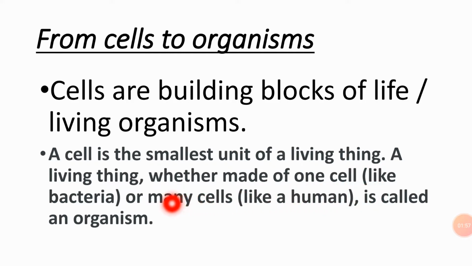So it is concluded that either the organisms are made up of only one cell, or the organisms are made up of many cells. Cells are the main material which make up these organisms.